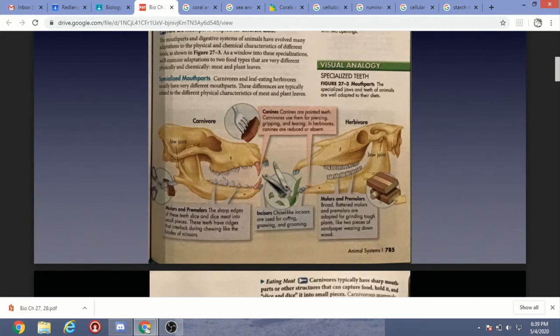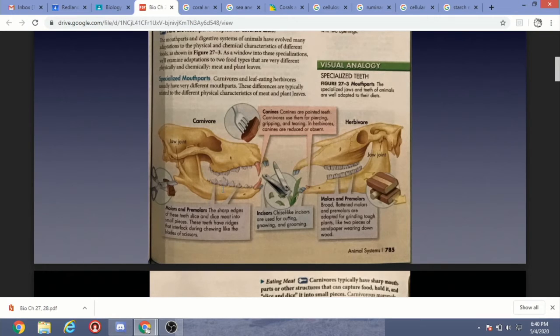And that's why it's actually real important. Dentistry is pretty important for animals or for us human beings. The dentist doesn't just make your teeth look pretty; they actually make them work right. If your molars and premolars aren't there, you're going to have a hard time doing all that slicing and dicing, or even if they're not lined up well.